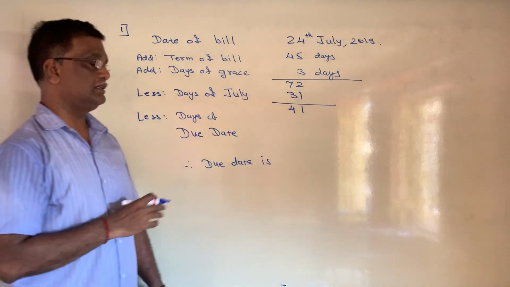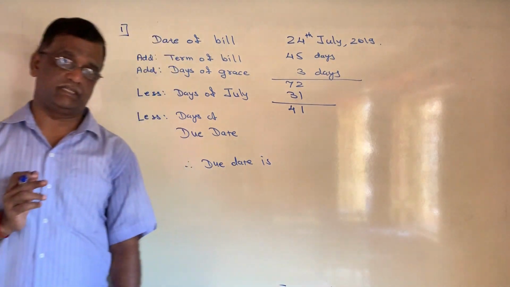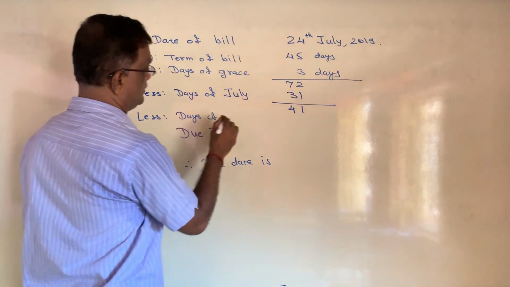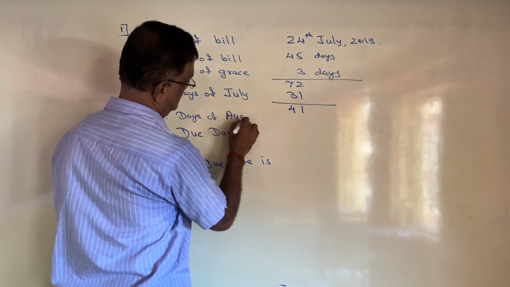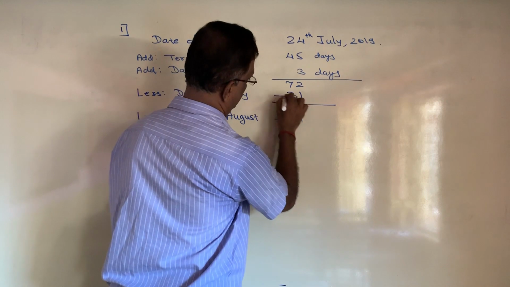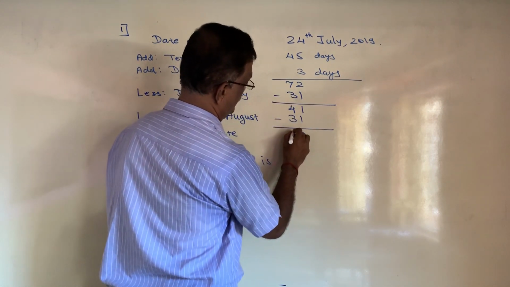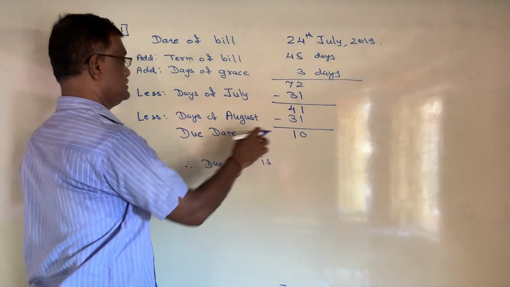From this you can deduct the next month's days, that is August. August also has 31 days. The days of August. How much left? 0, 1, 10. So this is your final answer.